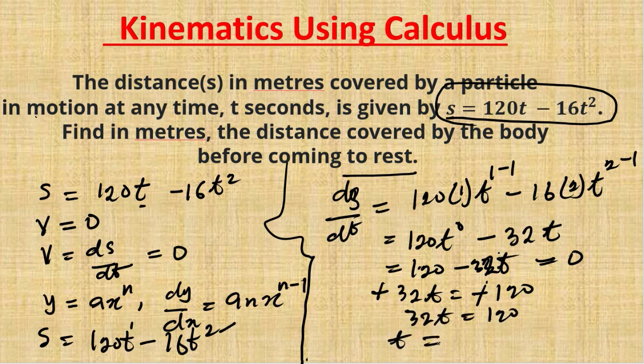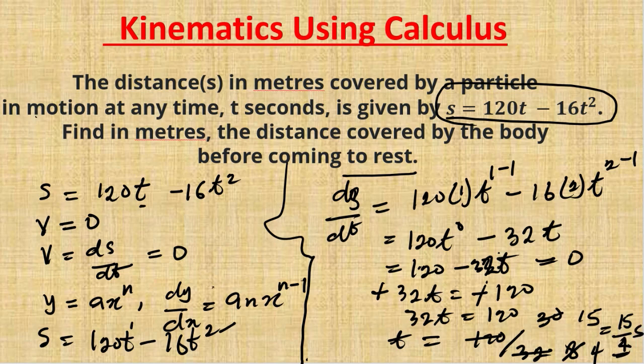Obviously, t now will be the same thing as 120 over 32. 4 into 32 is 8, 4 into 120 is 30, 2 into 4 is 4, 2 into 30 is 15. That's 15 over 4. That's the value of t in seconds.